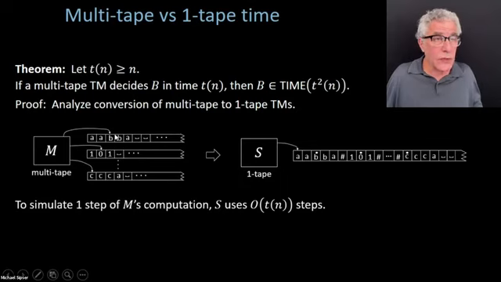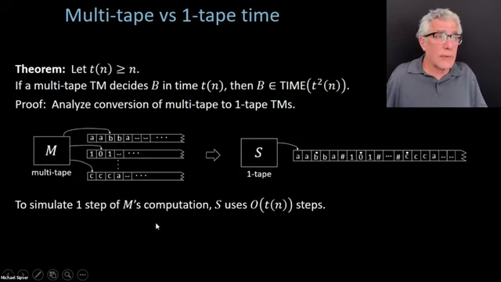Obviously, you don't store the infinite part, but the active portion of each of M's tapes, you store consecutively in separate blocks on S's only tape. And now every time M makes one move, S has to scan its entire tape to see what's under each of the heads and to do all the updating.